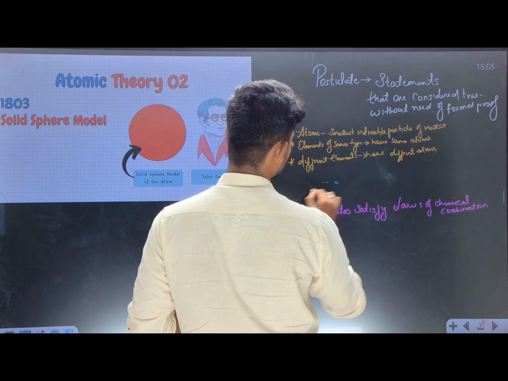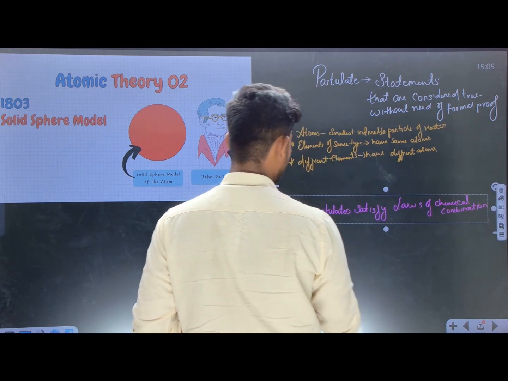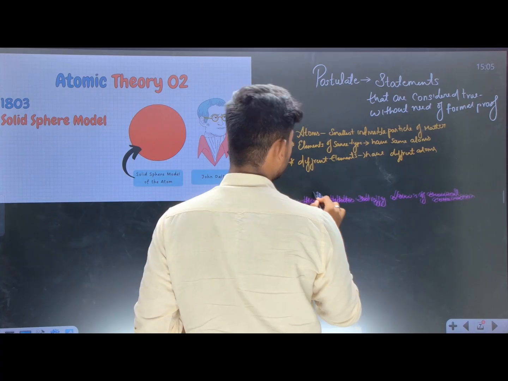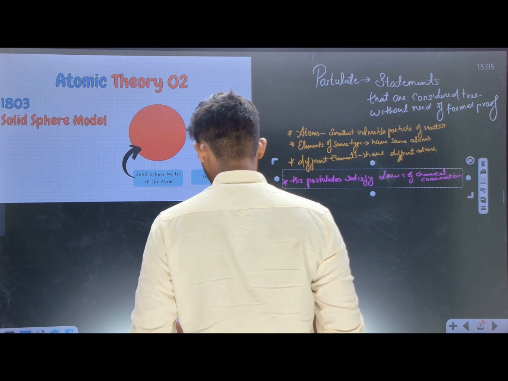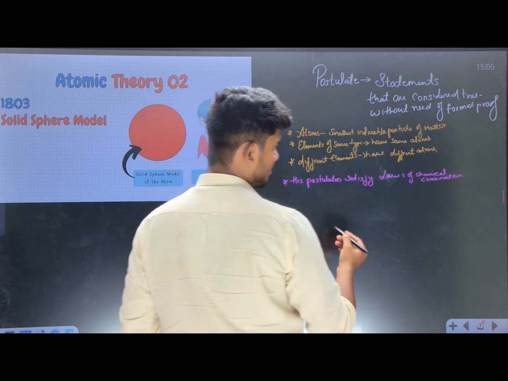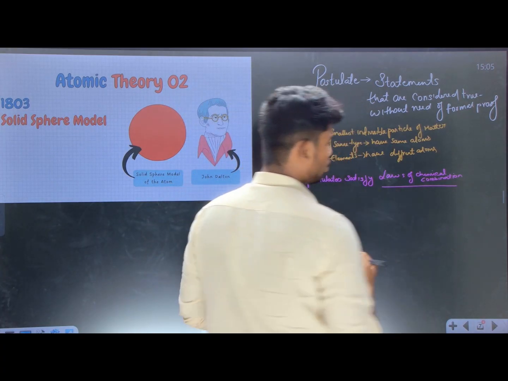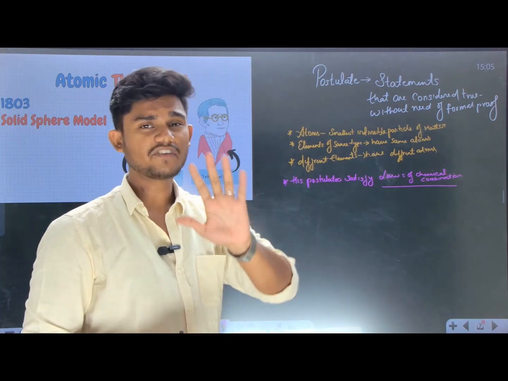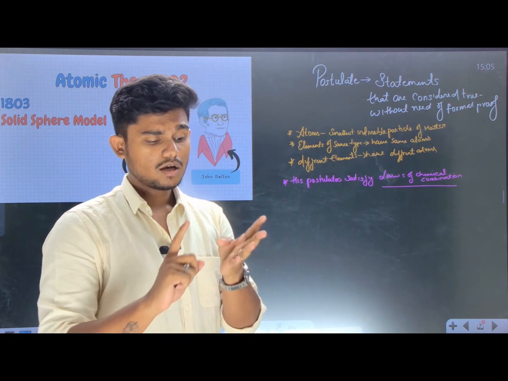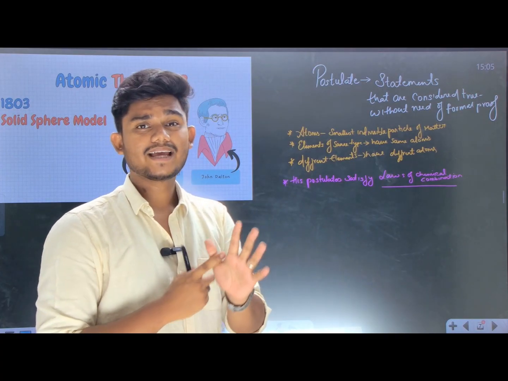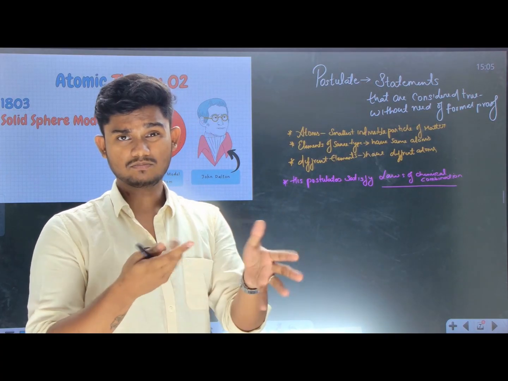So coming to Sir John Dalton's final postulate that satisfied the laws of chemical combination, there are certain laws prepared by five different people: Lavoisier, Proust, Sir John Dalton, Avogadro, and Gay-Lussac's law of gas volumes.